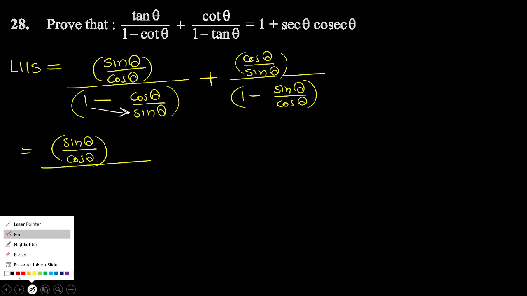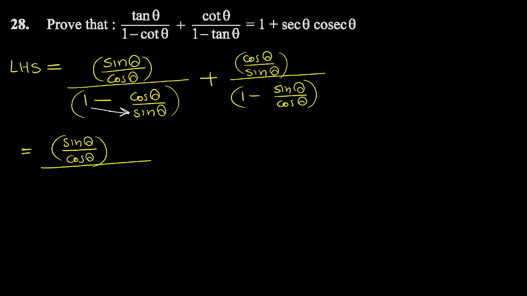Okay, 1 minus this one, do the cross multiplication. 1 into sin minus cos, correct? Sin theta minus cos theta divided by sin theta.